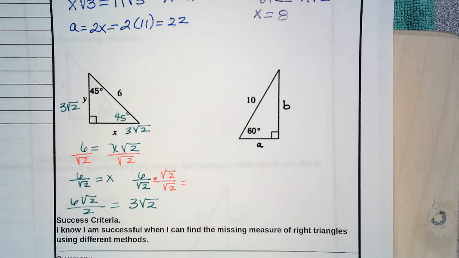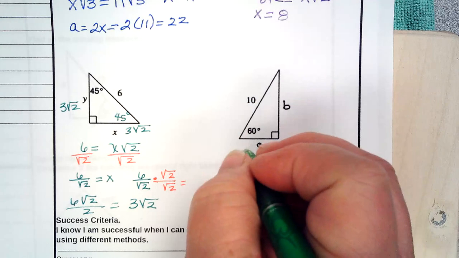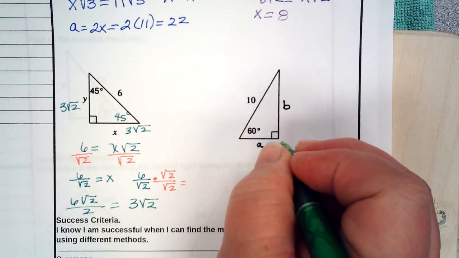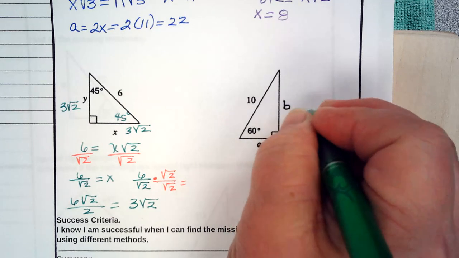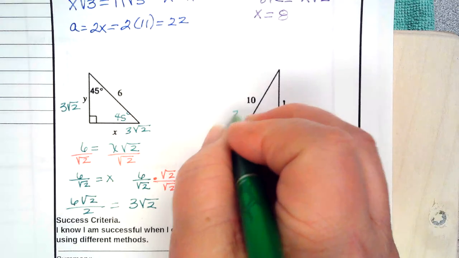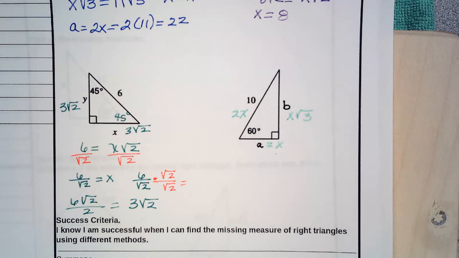So if I'm looking at the last one, once again, you try to think, what is going on? Well, if this is my short side, this would be equal to x. My long side is x square root of 3, and my hypotenuse is 2 times x. So how do I use that?